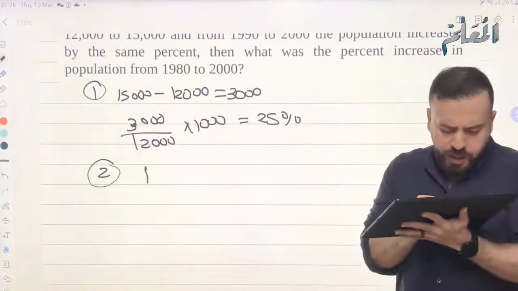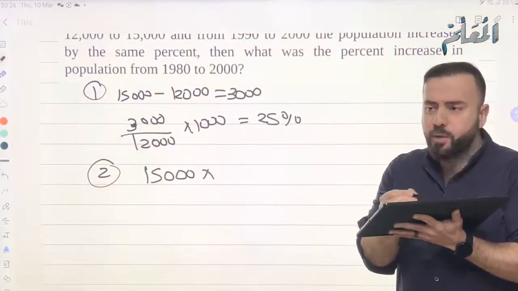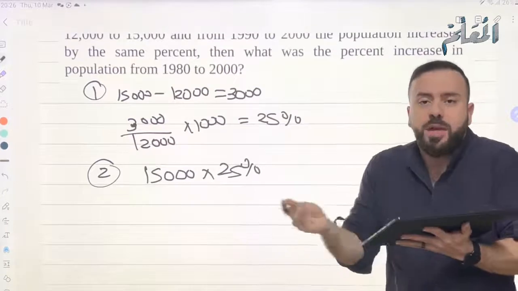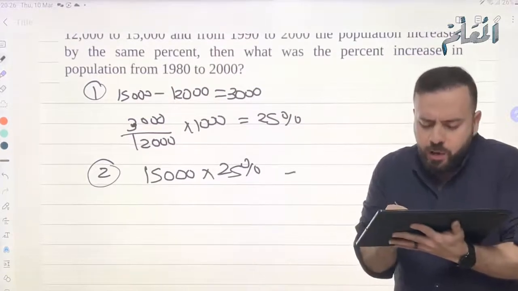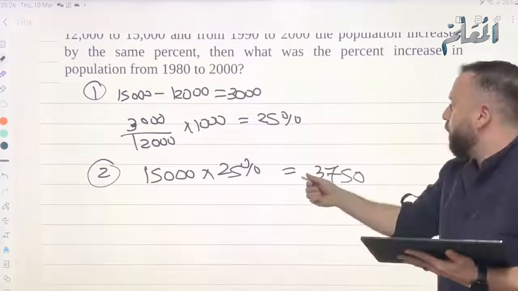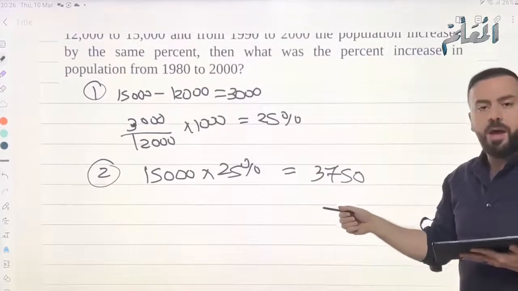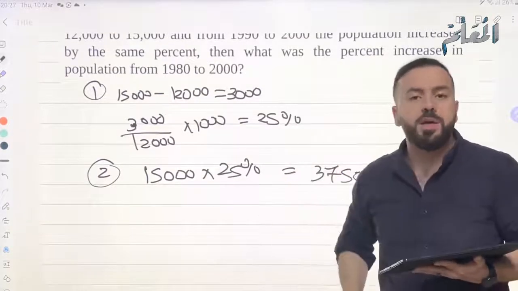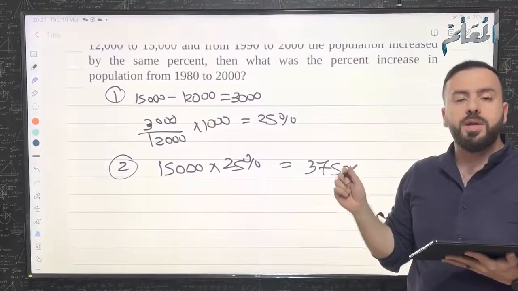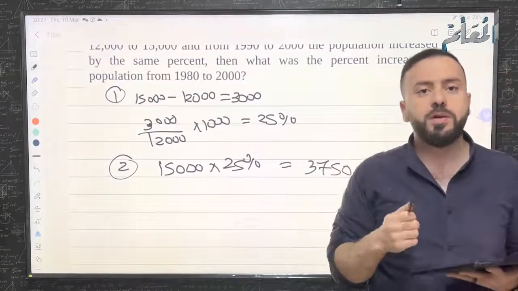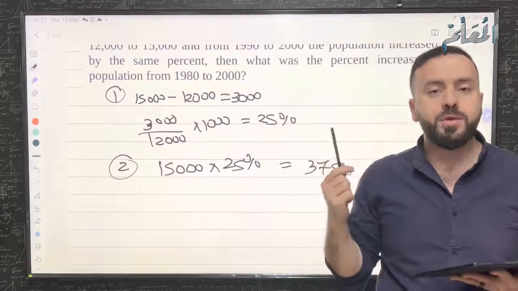So it's going to be 15,000 times what? 25%, the same percentage. That's equal to 3,750. So the first increase is 3,000 and the second increase is 3,750 from the whole population.